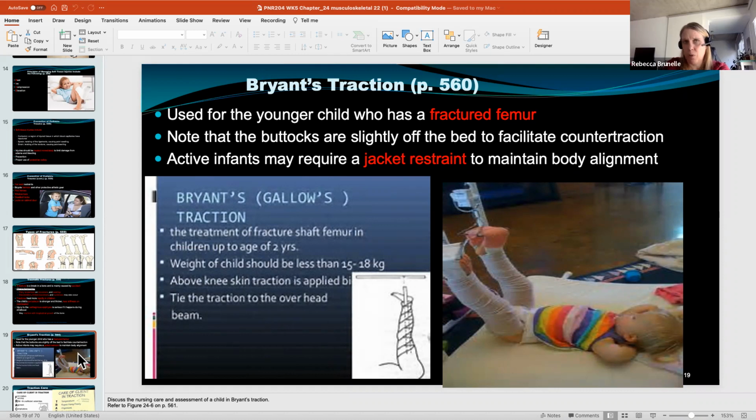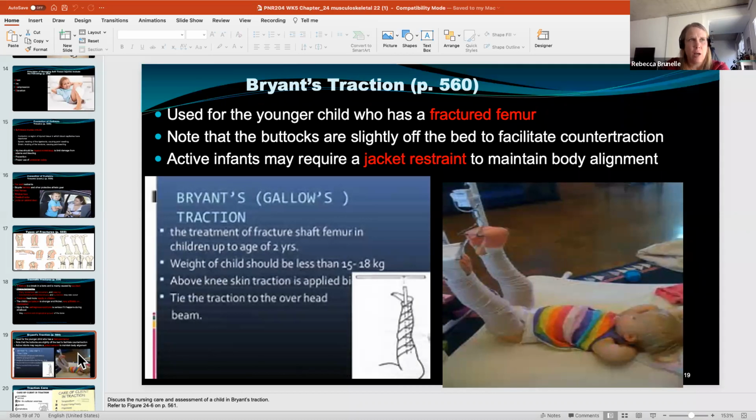What are some things that you do as a nurse? You want to check the skin integrity. Very good. What else are you checking? Circulation, perfusion, pulses, sensation.